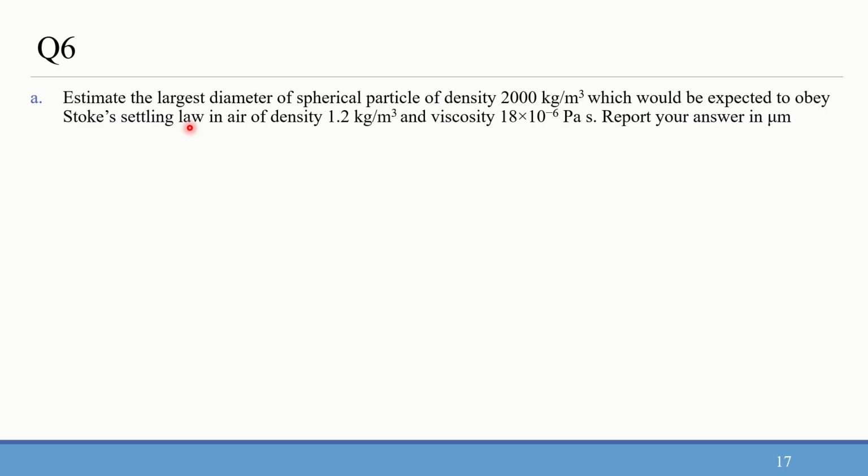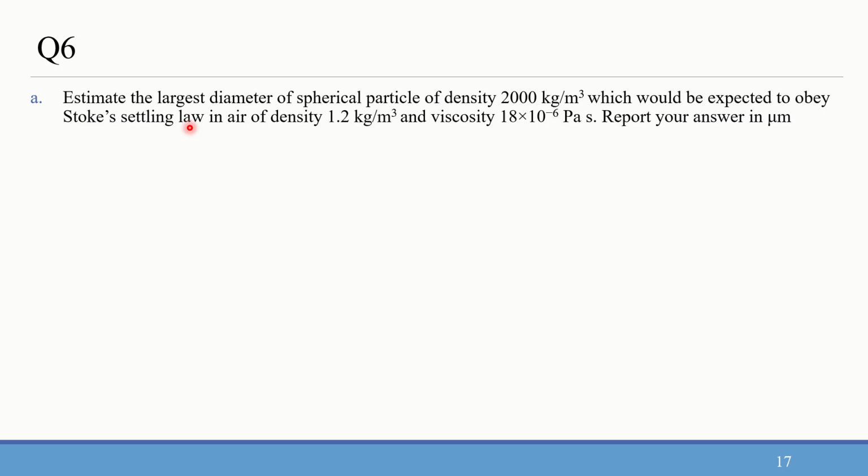So what can we do? We are asked to ensure that the Stokes regime must be maintained. For the Stokes regime, the maximum Reynolds number can go up to 1. So we can use rho Vt dp by mu is equal to 1, keep dp unknown, and calculate Vt as a function of dp.